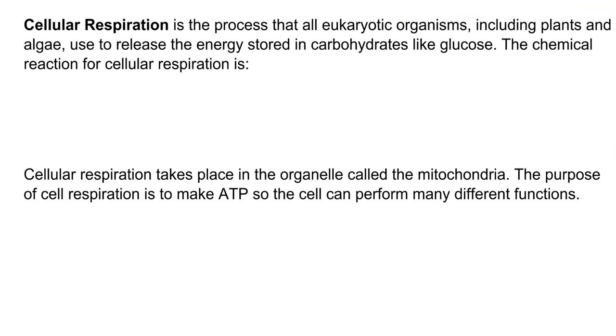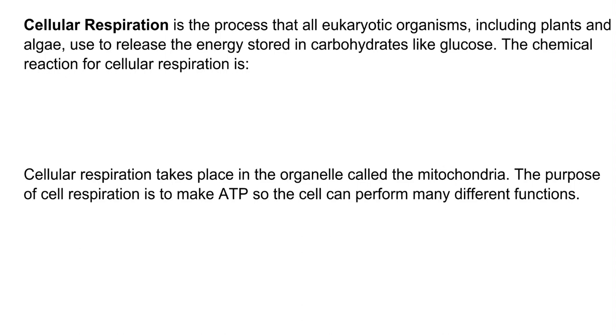So plants store energy as glucose, but then they use that glucose up whenever there's no sunlight available, like at night. So cell respiration is a process that all eukaryotic organisms, including plants and algae, and including us animals, use to release the energy stored in carbohydrates like glucose.